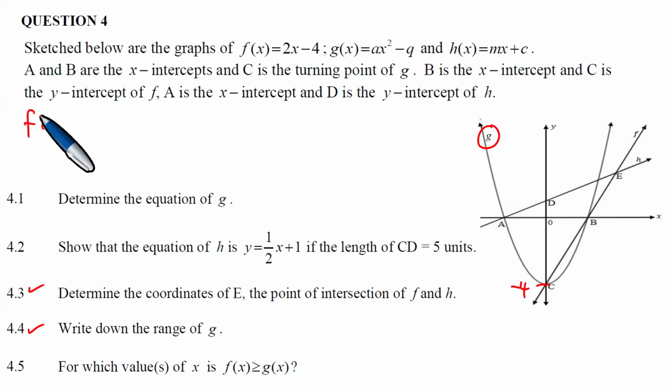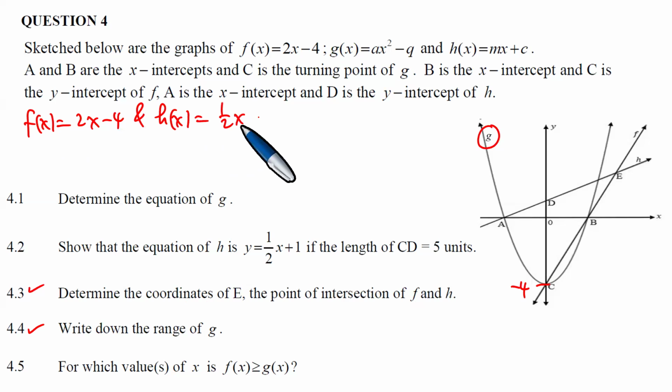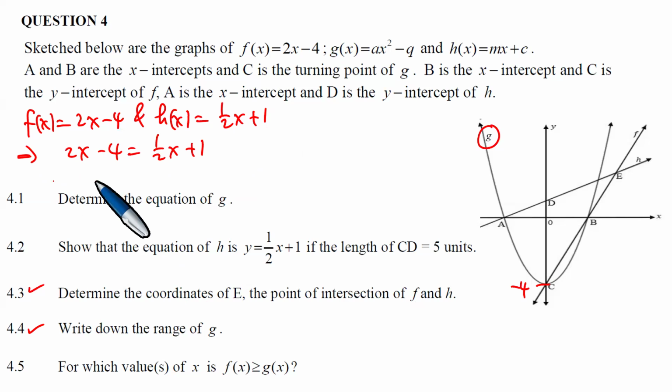So we know that f of x is 2x minus 4 and h is this. And so now you equate them, which means that at this point, we have 2x minus half x equals 4 plus 1.